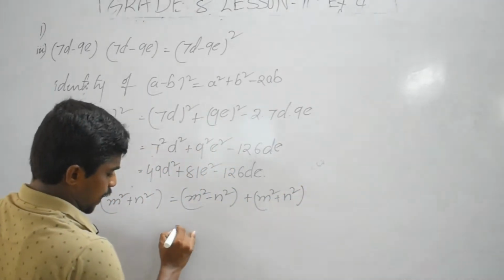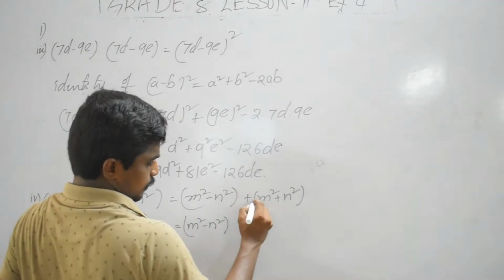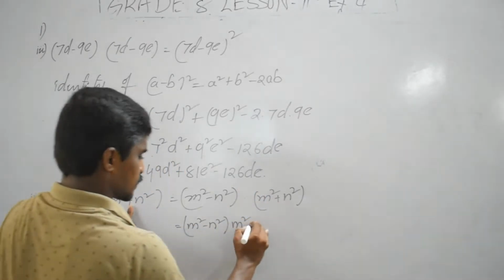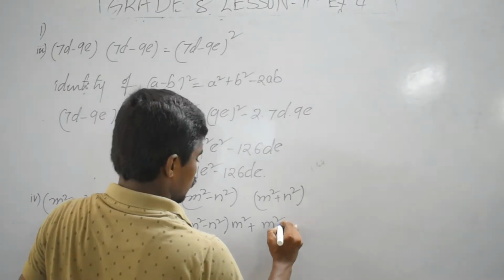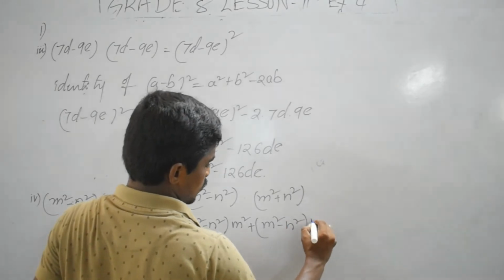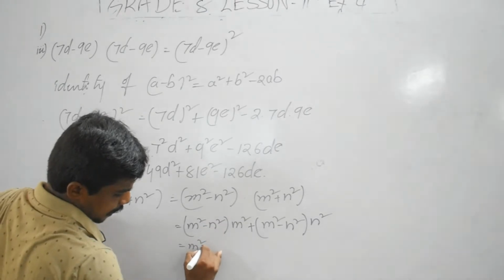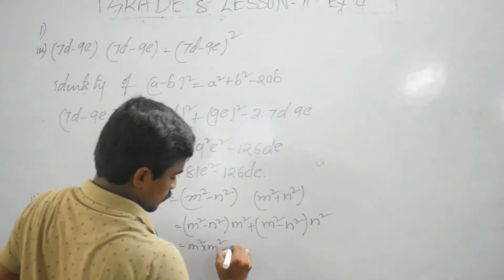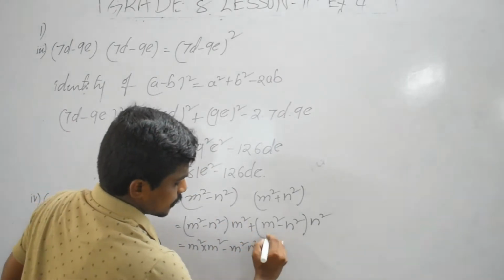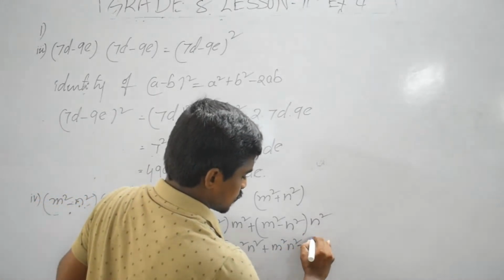These you multiply. m square times m square minus n square, is this one. m square times m square minus m square times n square, plus m square times n square, minus n square.